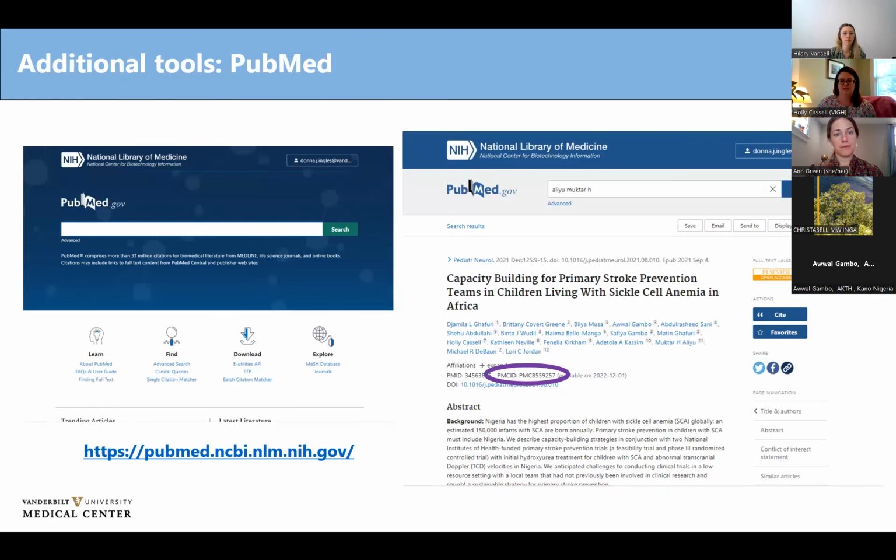So I'm not going to go into depth on database tools and searching today, but I do want to highlight PubMed. Many of you are probably familiar with this, but this is managed by the National Library of Medicine and the National Center for Biotechnology Information, also known as NCBI. This is a great way to not only search for publications on a topic, but also find if a publication has a PMC ID number.